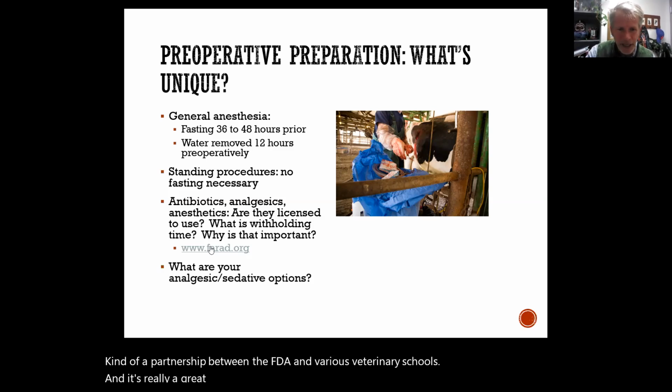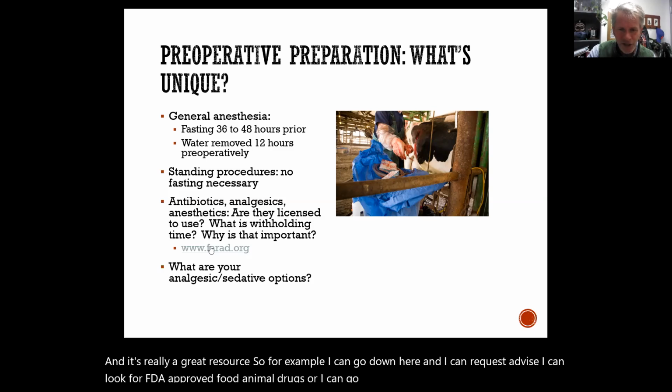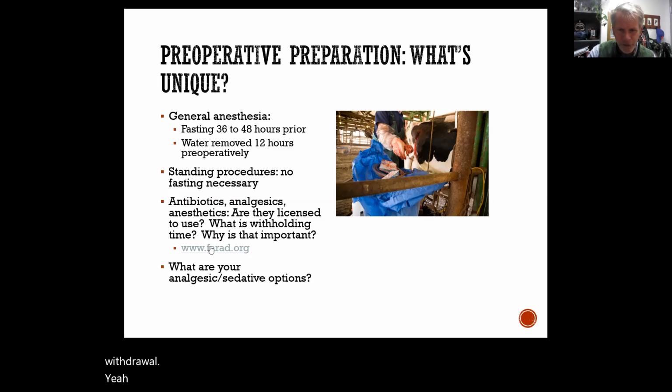So, for example, I can go down here and request advice. I can look for FDA approved food animal drugs, or I can go here. WDI stands for withdrawal, it must stand for withdrawal interval. Yes, withdrawal interval.